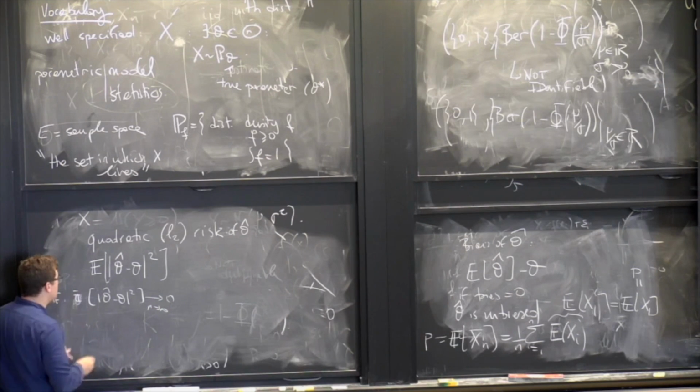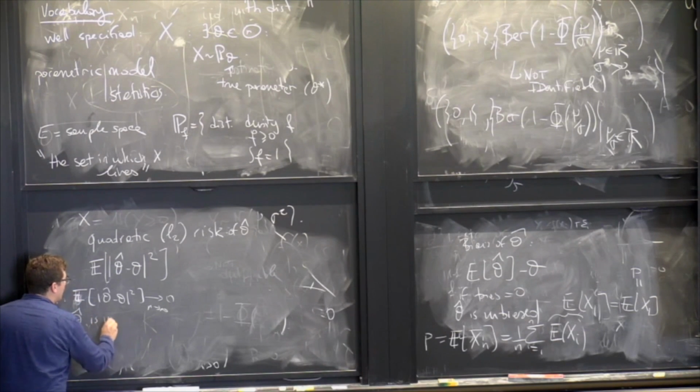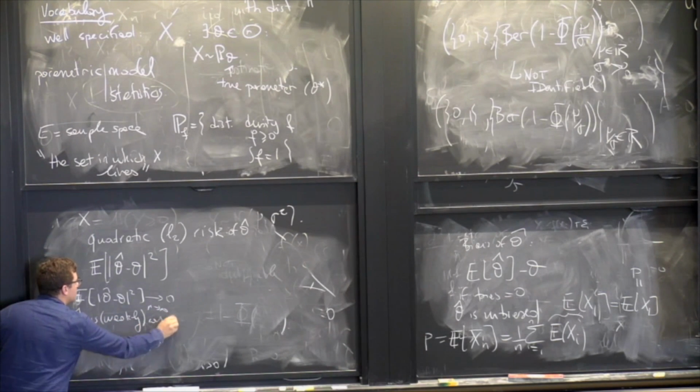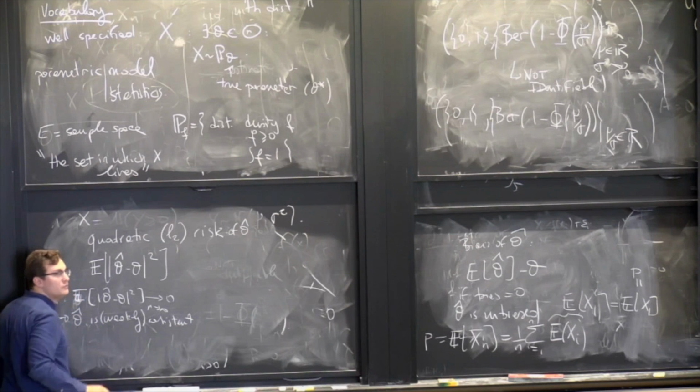It's an expectation, so it's a regular, usual calculus-style convergence. Then that implies that theta hat is actually weakly consistent. What did I use to tell you this?